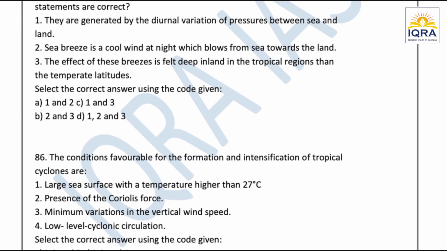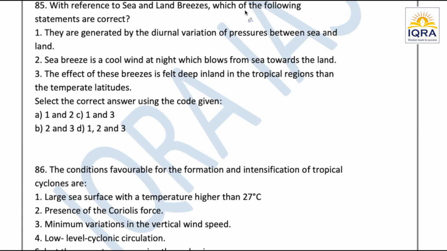Moving on to the next question, question number 85. With reference to sea and land breezes, which of the following statements are correct? Statement 1 says that they are generated by the diurnal variation of pressure between sea and the land. Correct. Option 2 says sea breeze is a cool wind at night which blows from sea towards the land.